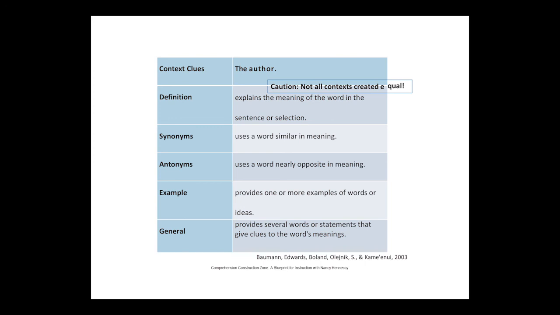So here's some things you can teach that will allow for students to use context. Then you have to find examples within the text that align with it. So sometimes the text will provide a definition, sometimes it will provide a synonym, an antonym, an example, or sometimes there'll just be some general statements. But keep in mind, not all contexts are created equal.